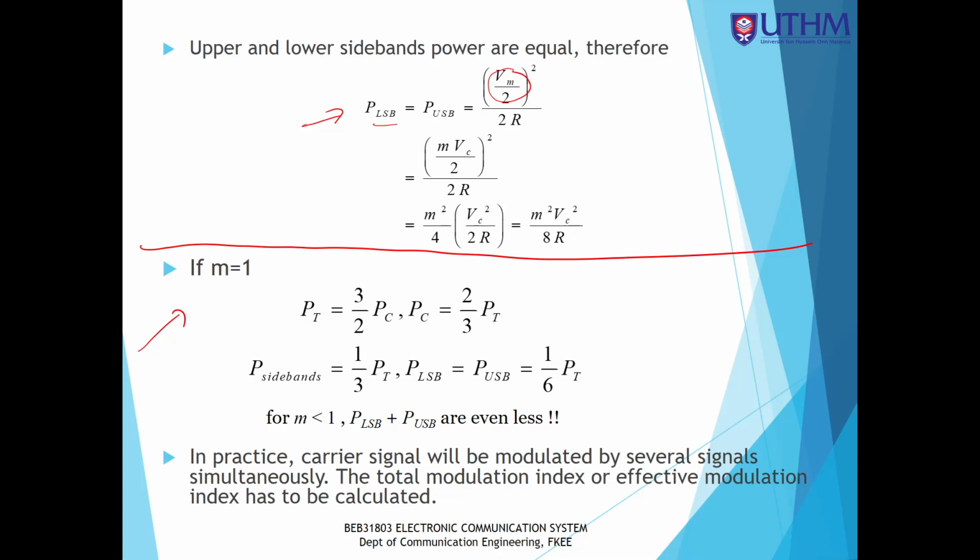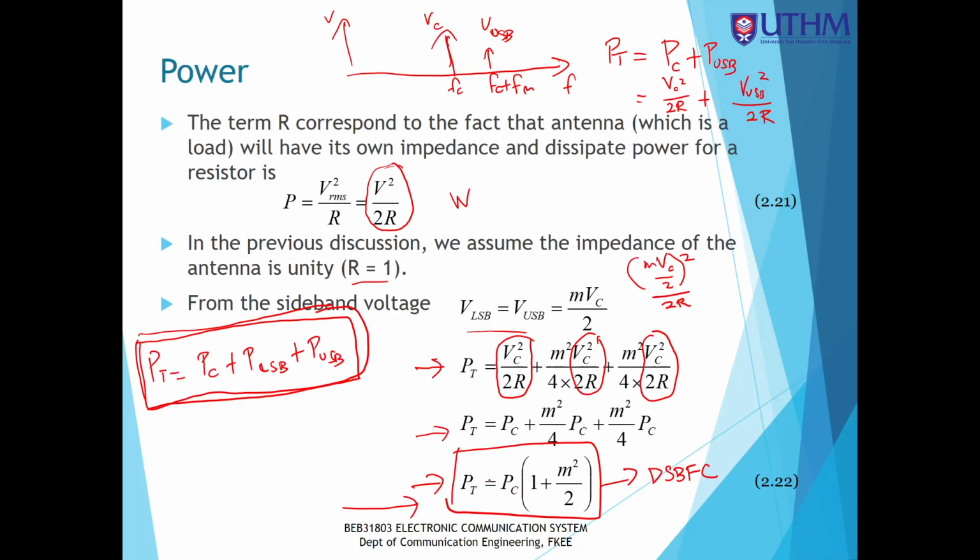And then the statement below, if m equal to 1, what happens? This is the ideal case. Remember ideal modulation, Vm equal to Vc, which is m equal to 1. So what happens during the ideal, best case scenario? P total becomes 3 over 2 of Pc. How does the slide get this value? It is based on this equation, Pc times 1 plus m square over 2.